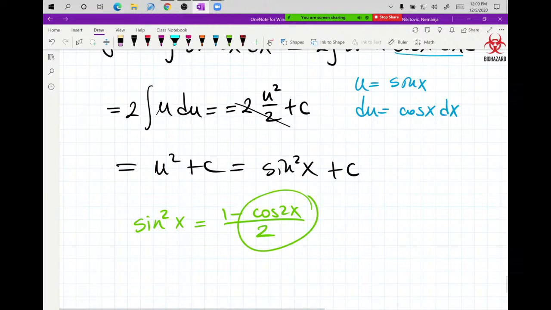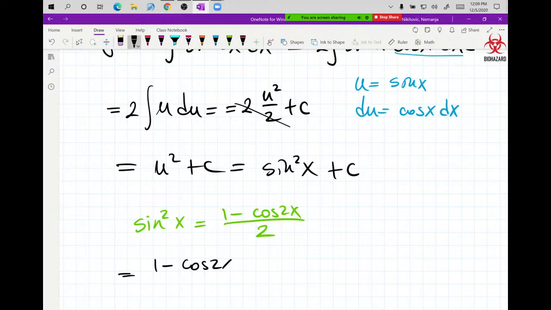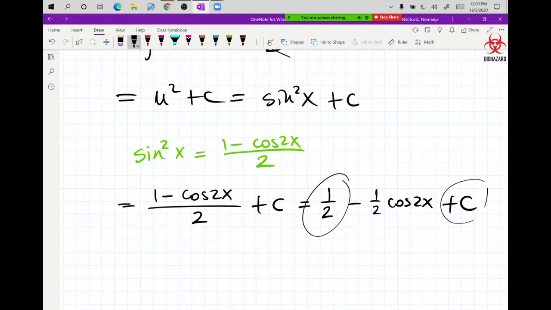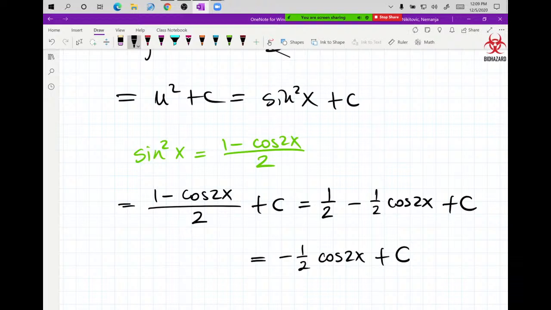So if I use this formula, I will just have this be equal to 1 minus cosine 2x over 2 plus c. Break this into 2. And then let c absorb 1/2, which is the move that in Calc 2 you're still not comfortable with, but constants can be absorbed.